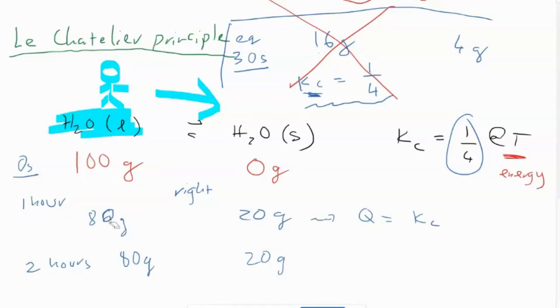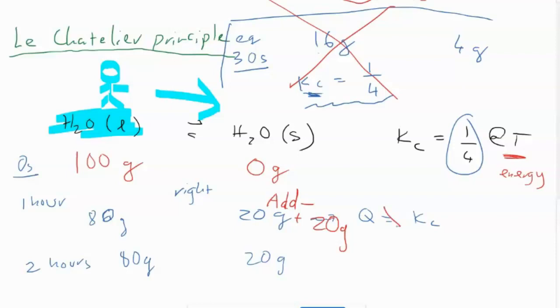Okay, let's say, what if at this 1 hour time, the reaction has come down to 80 grams of liquid water and 20 grams of ice. What if I added 20 grams of ice? Well, if I added 20 grams of ice, obviously my Q is now bigger than the Kc. It's no longer at equilibrium.